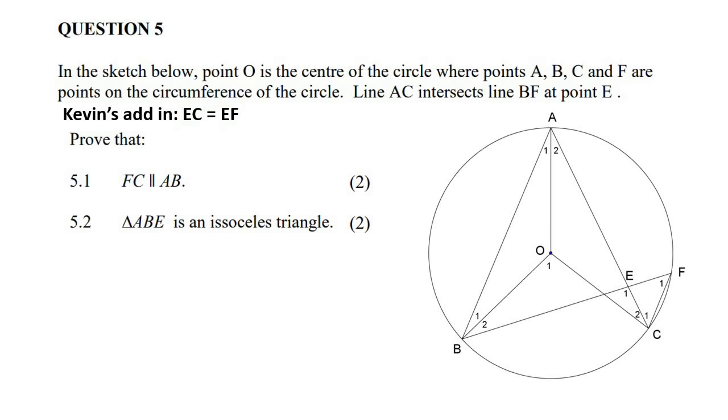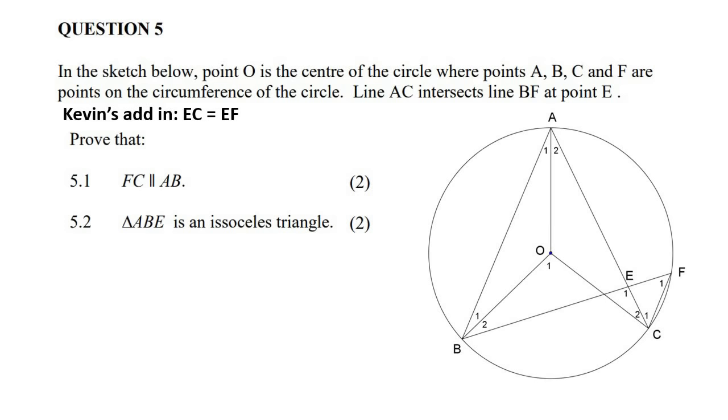I think they forgot to put it in the original information, because on the memo they instantly said that F1 is equal to C1. Now, there is no reason that could be, unless this EC is the same length as EF. Then we have an isosceles triangle over there. I'm 100% sure about that. They must have updated the learners who wrote this exam on the day and told them to add something in.